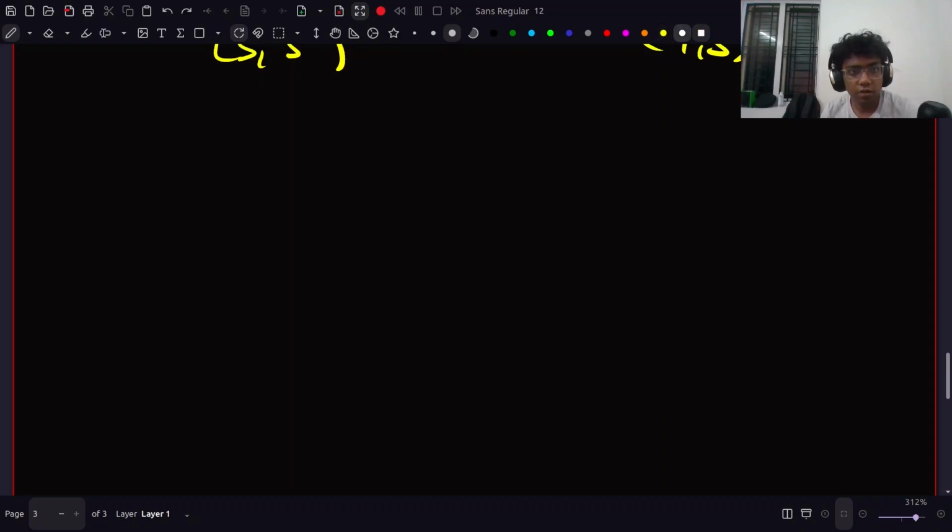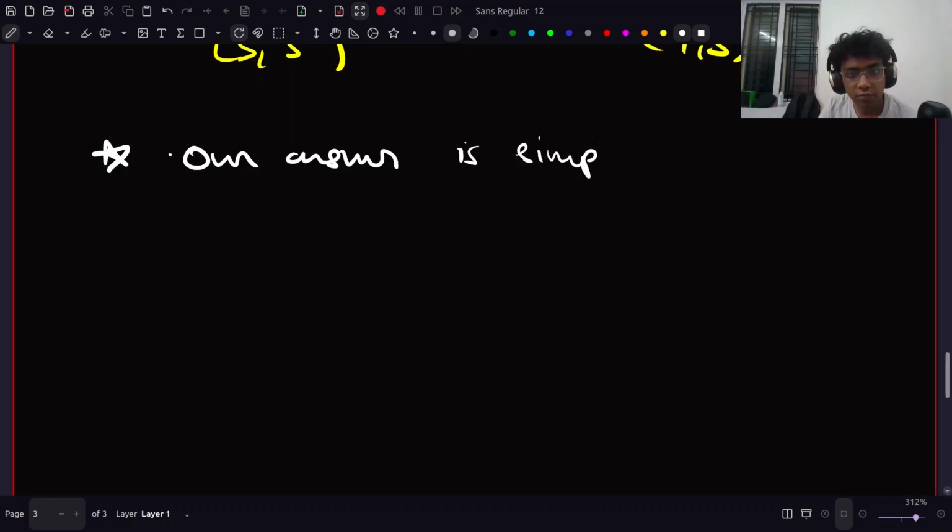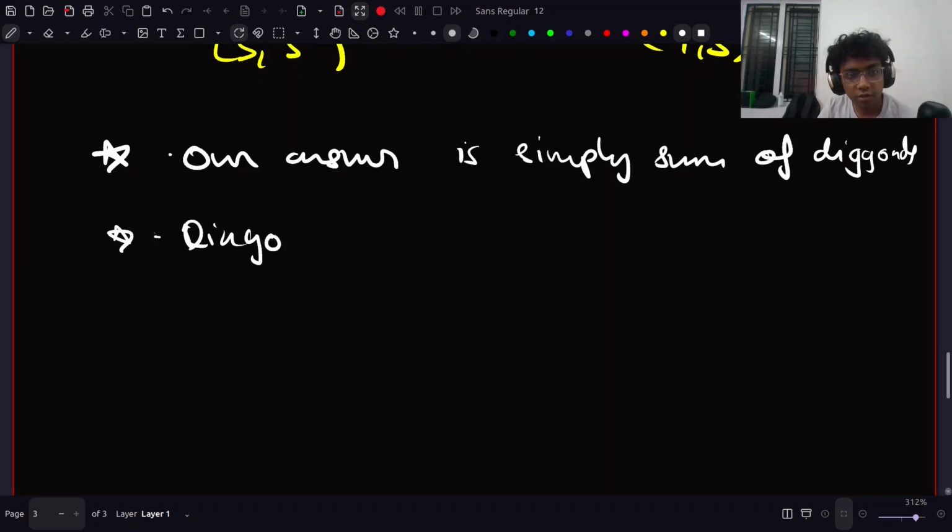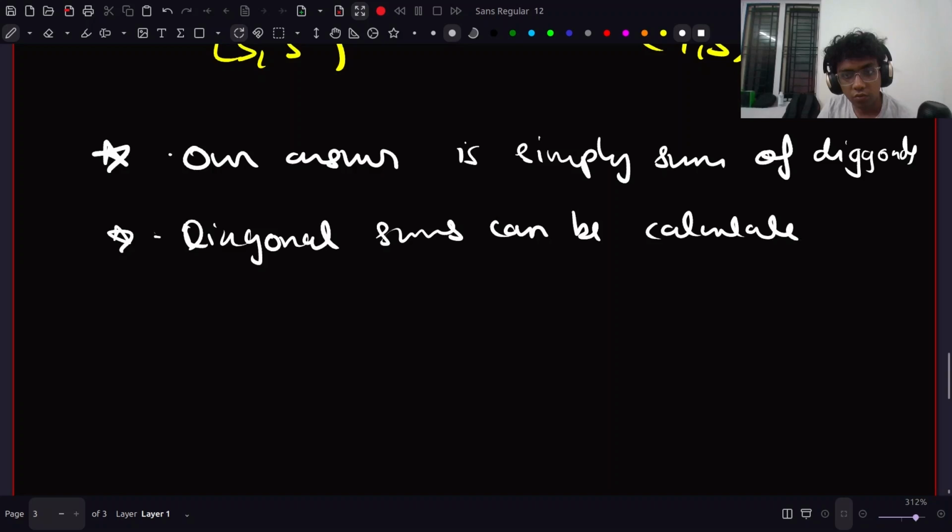We have figured out that our answer is simply the sum of diagonals, and diagonal sums can be calculated with dp.